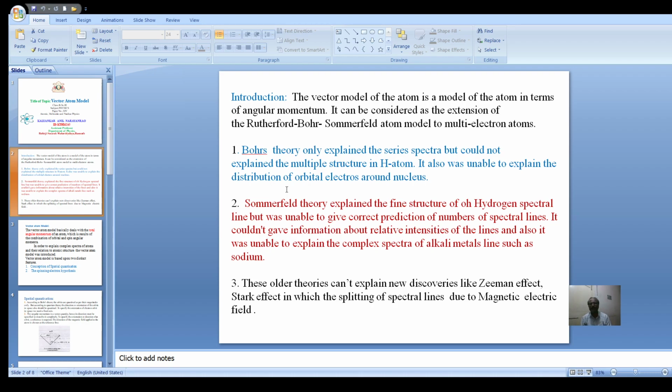The second postulate tells us about the orbital angular momentum, that is, orbital angular momentum is equal to integral multiple of h upon 2 pi. And the third postulate is the difference between the two energy levels, that is En minus Ep equal to h nu, where h is Planck's constant and nu is the frequency of radiation.